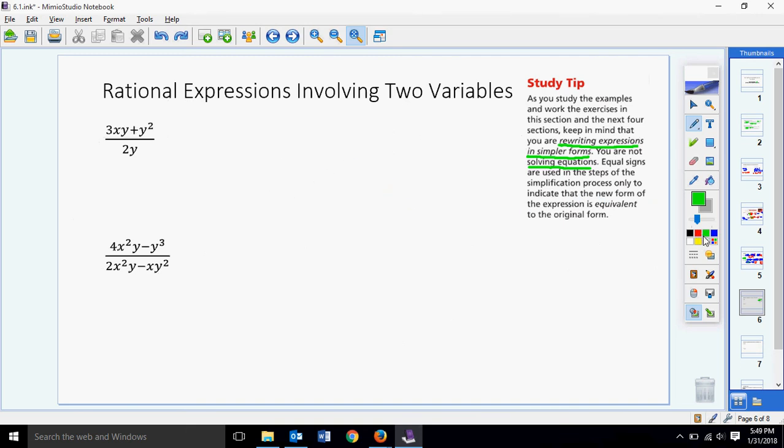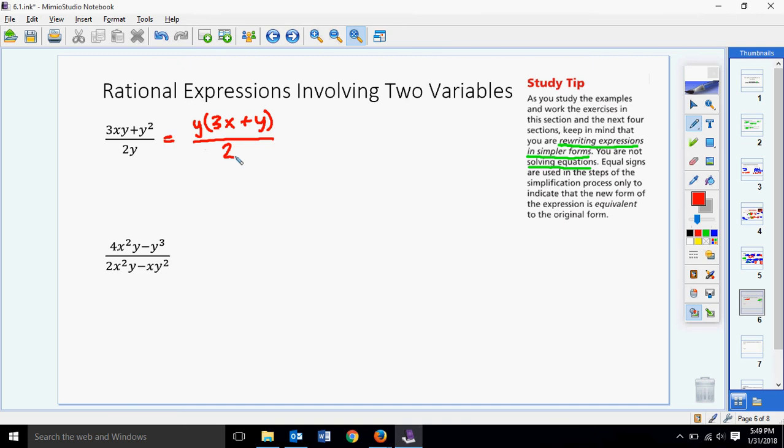So let's try and simplify with two variables. Let's work on the top one. We're going to do the same steps. We're going to factor. Now in the numerator, what do they have in common? Well, I see an x in the first one, but not in the second one, and a y in the first and two y's in the second. So I'm going to factor out a y. Factoring out a y would leave me with 3x plus y.